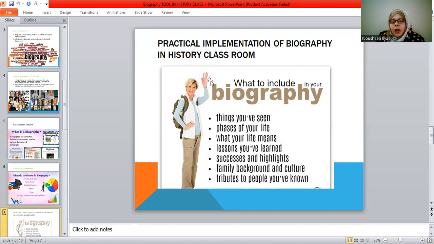So after giving a topic and explaining, you will show what to include in the biography. You can tell them what things they have seen, what phases of life, from that documentation perspective, what their life meant, those who sacrificed, what lessons were learned, what the successes and highlights were, family background and culture, and tributes to people you have known.